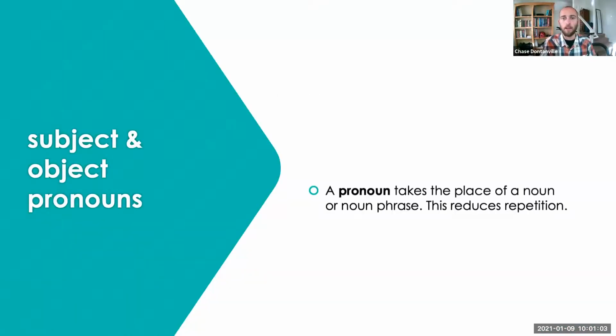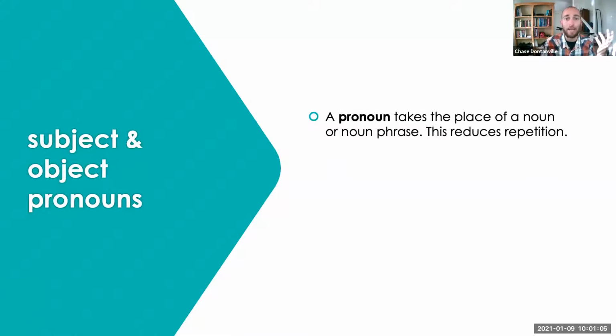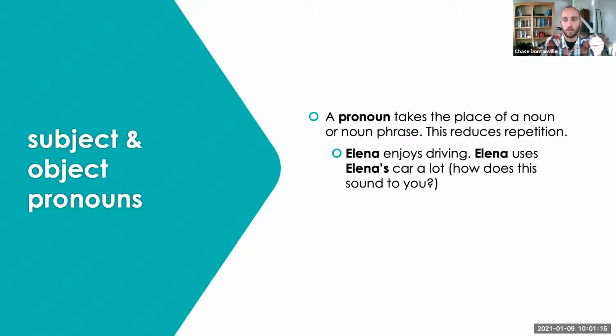As a review, what is a pronoun? A pronoun takes the place of a noun or noun phrase, and this helps to reduce repetition. Look at this example. Elena enjoys driving. Elena uses Elena's car a lot. How does this sound to you?